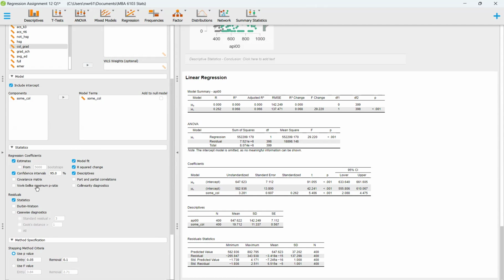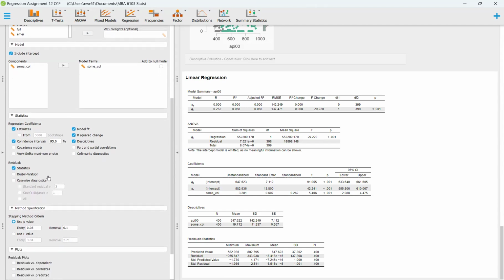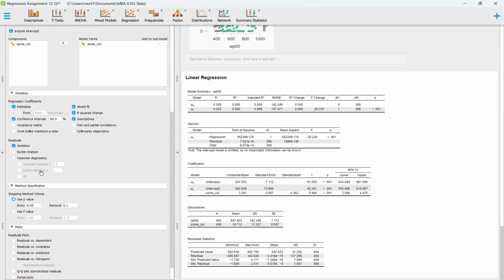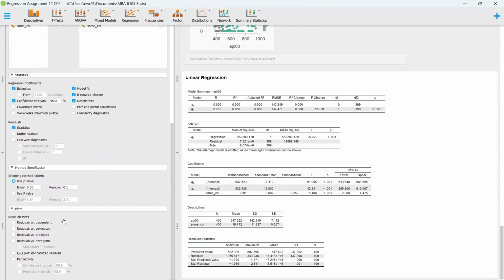And for display, I don't actually have that. I don't have display at all. It says to click on display and then model fit and descriptives. And then from there, you would click on plots. And then plots should have marginal effects plots and the confidence intervals, which again, I don't have.